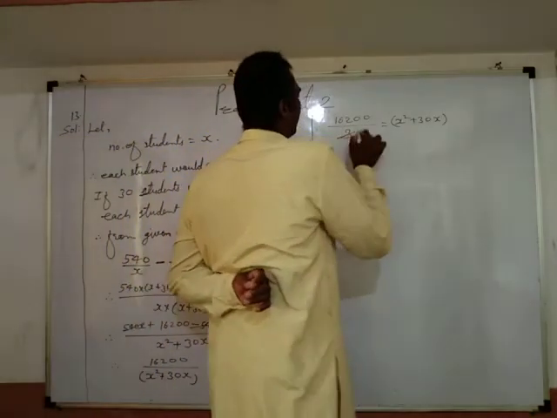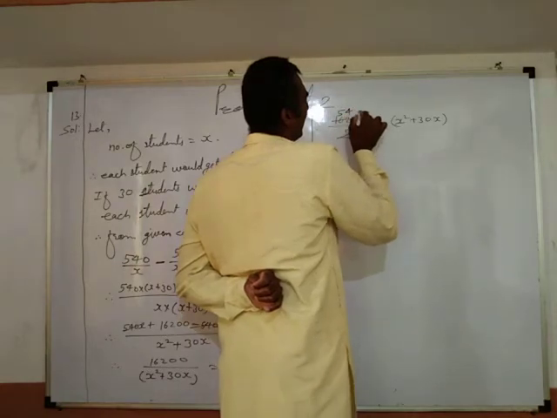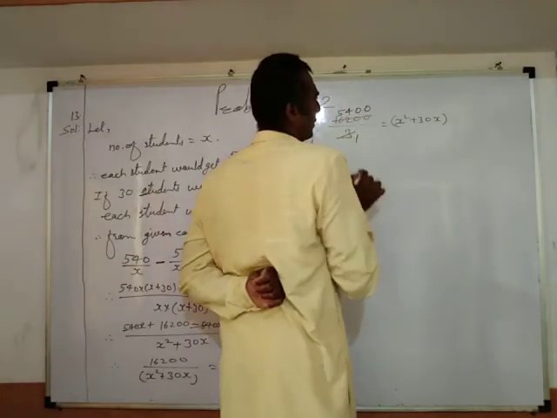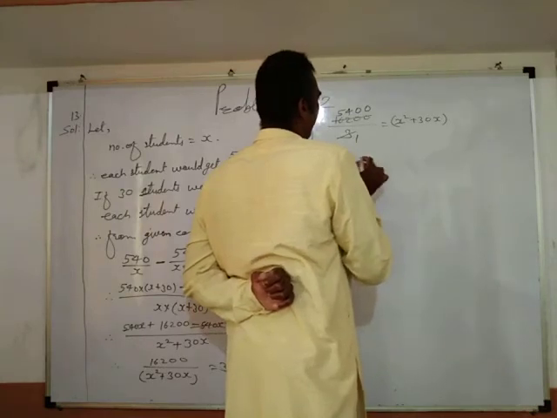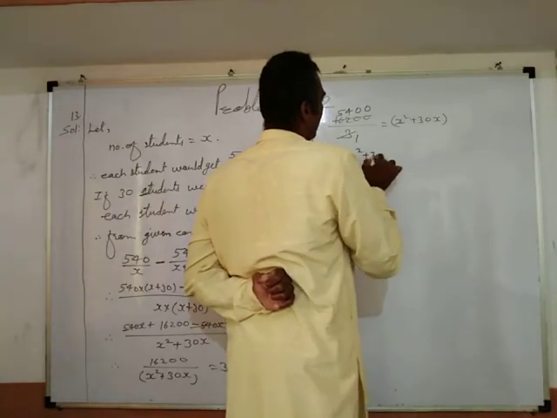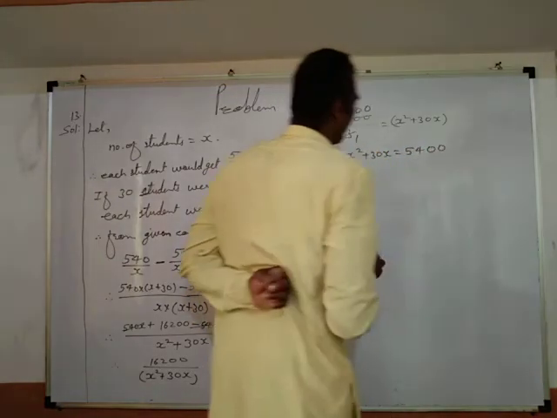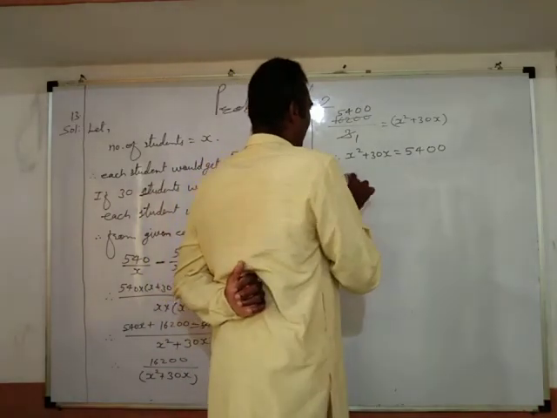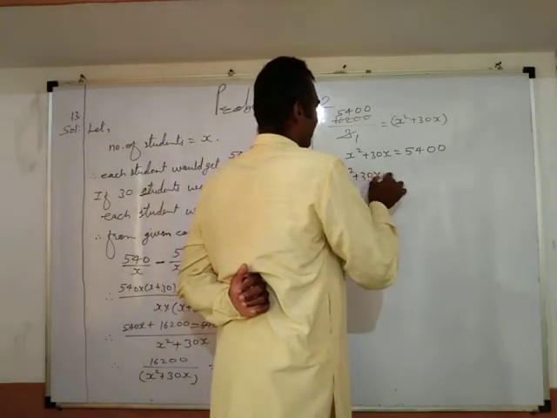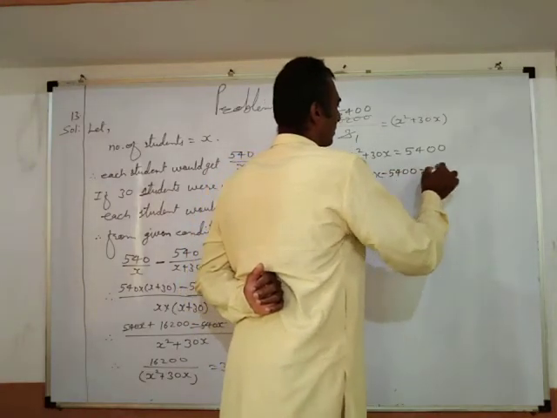Now 3 1s are 3, 3 5s are 15, 3 4s are 12, 3 0 0, 3 0 0. And therefore it will be x square plus 30x equals 5400, and therefore again x square plus 30x minus 5400 equal to 0.